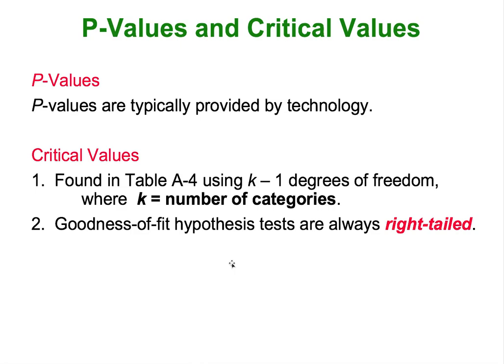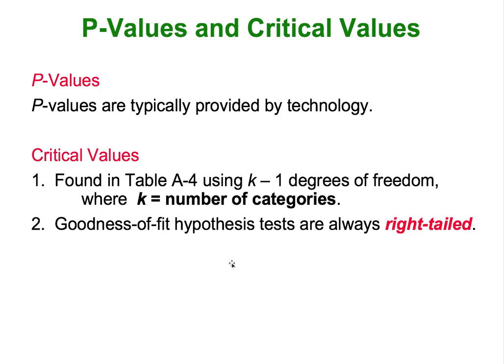So we have 5 grades, 5 minus 1 is 4, so we will use 4 degrees of freedom, not the sample size, not the 50 students. And goodness of fit hypothesis tests are always right-tailed. We don't have to worry about whether this is a left tail, a right tail, or a two-tail. Goodness of fit hypothesis tests are always right-tailed.